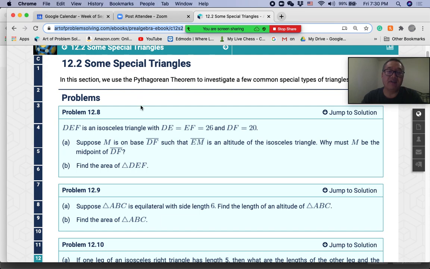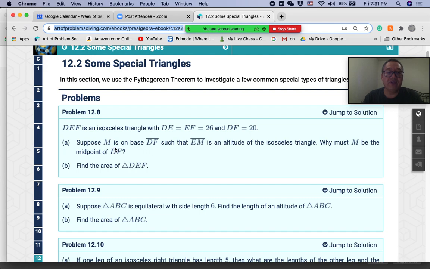Now let's see the first example, problem 12.8. DEF is an isosceles triangle. That means two sides are equal, right? So DE equals EF equals 26, and DF equals 20.